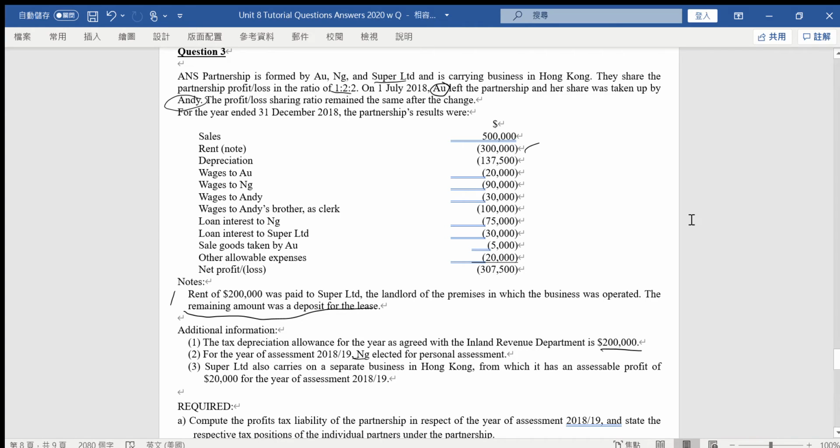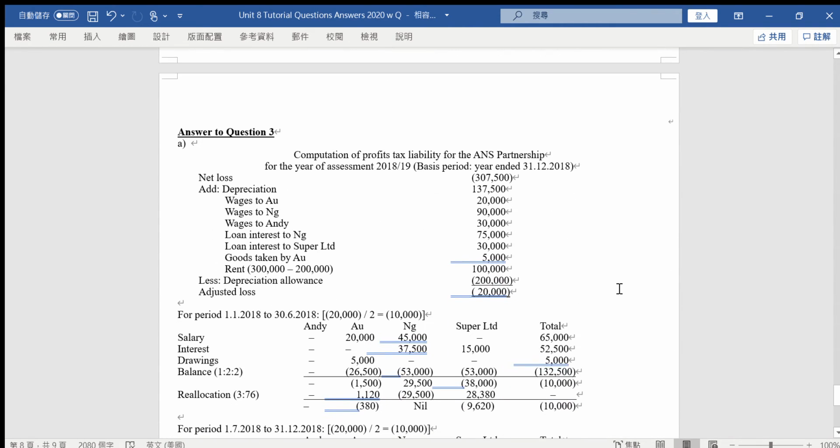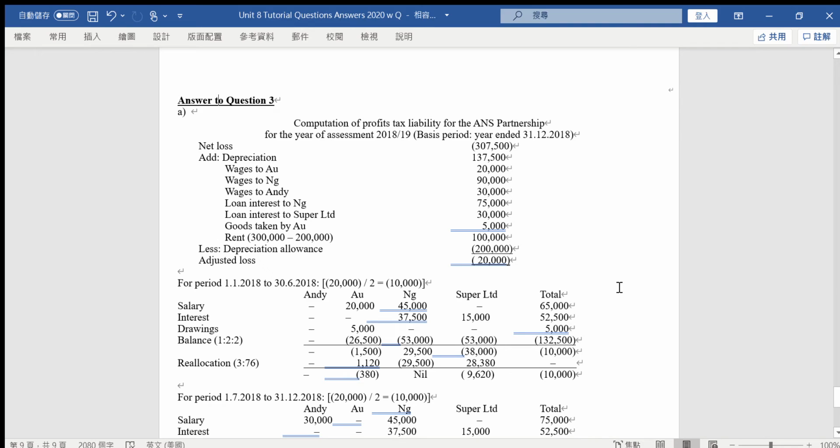Now we look at how to adjust these figures. We start with the net profit or loss per account, similar to the profits tax computation. We start with the net loss of the income statement submitted by the partnership, and then add back the depreciation, which is the accounting approach.